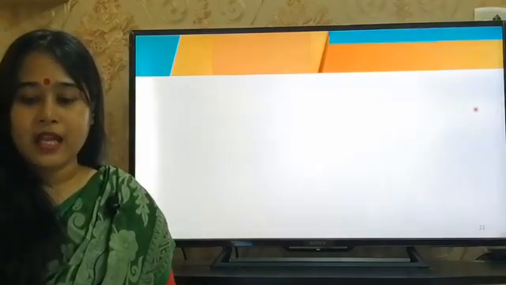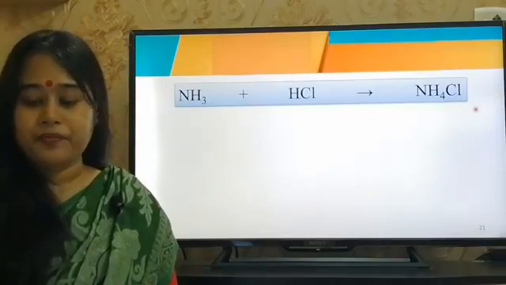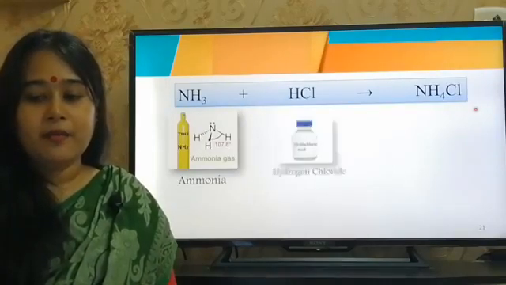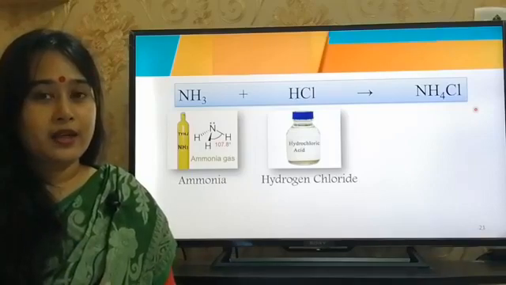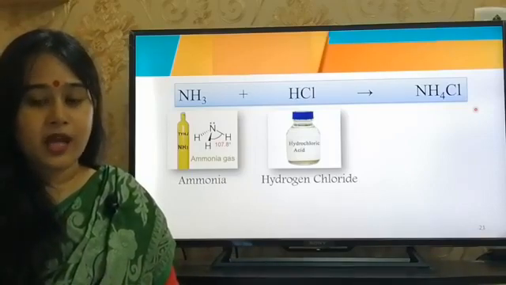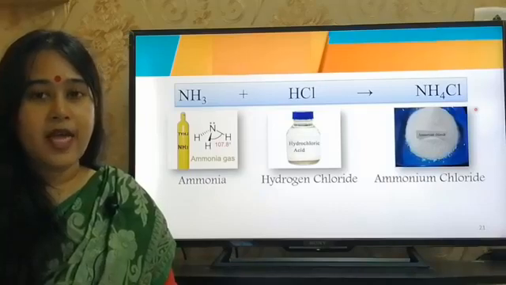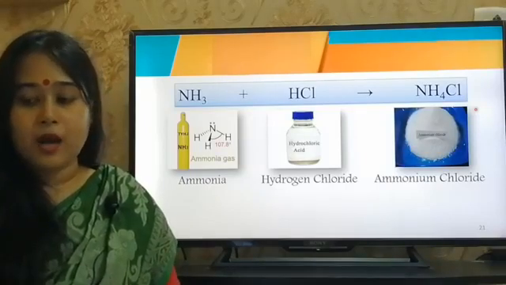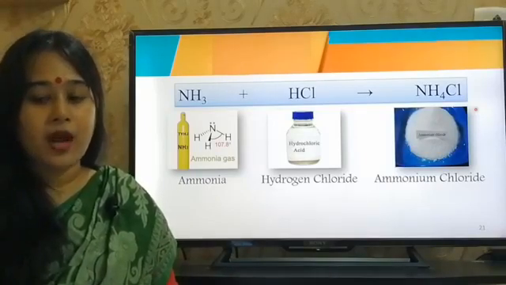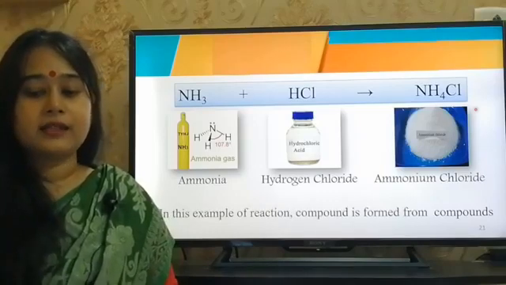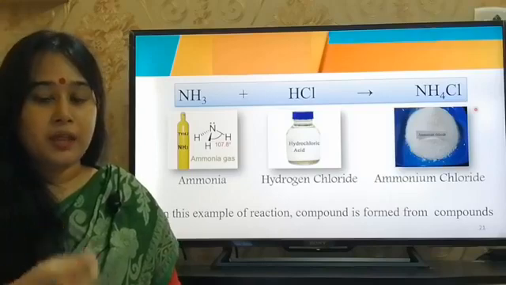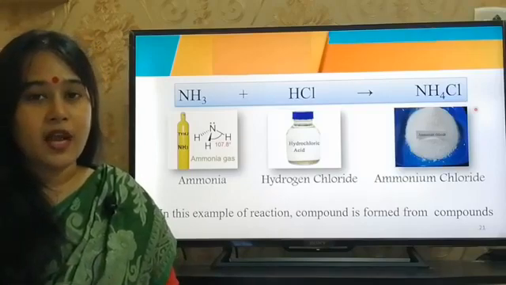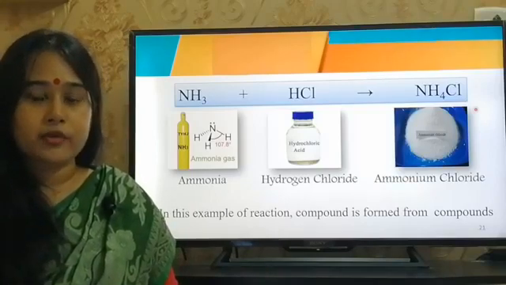Okay. And here you can see ammonia and hydrogen chloride. In this chemical reaction, they are combining with each other and making another compound that is ammonium chloride. Here you can see in this example, ammonia is a compound and hydrogen chloride is also a compound.